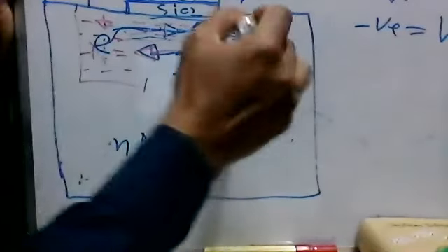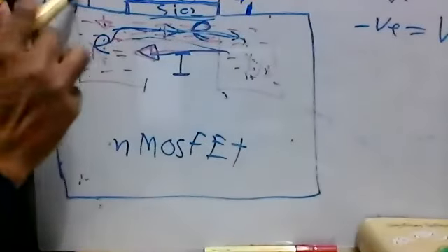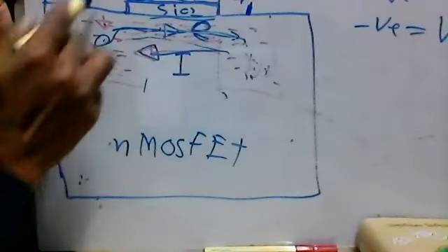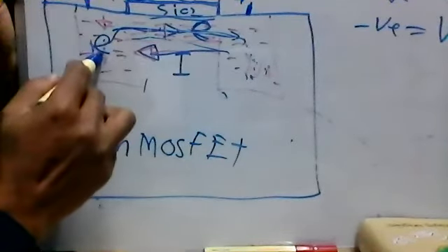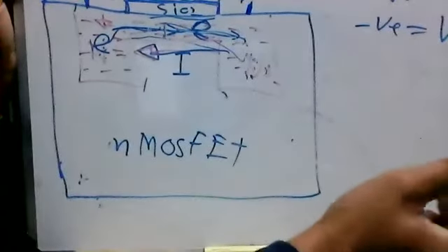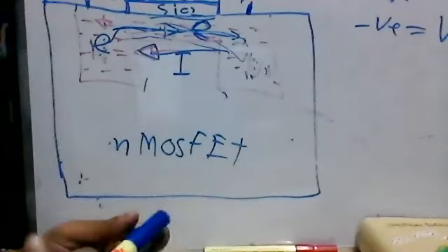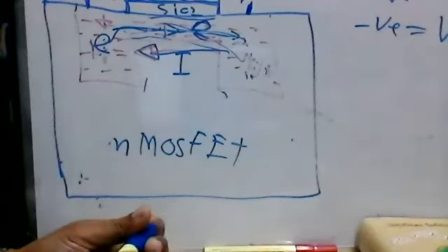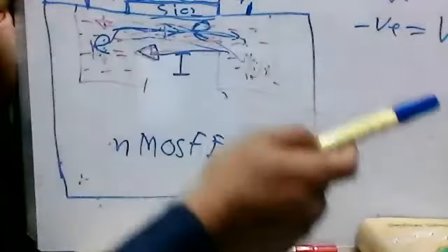And now this other terminal on this side is called the drain. You see, the electron is coming from the source. Source means ground, which is negative, and the electrons come from here and go here, and they must go somewhere, right? Let's say in your home, when you have water coming from the rooftop water tank, that is the source, and it must go somewhere, to the drain, right?